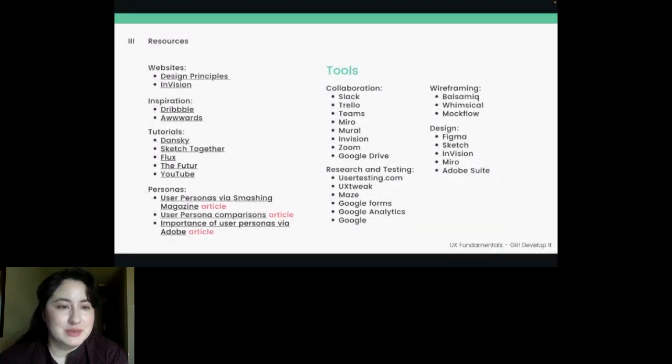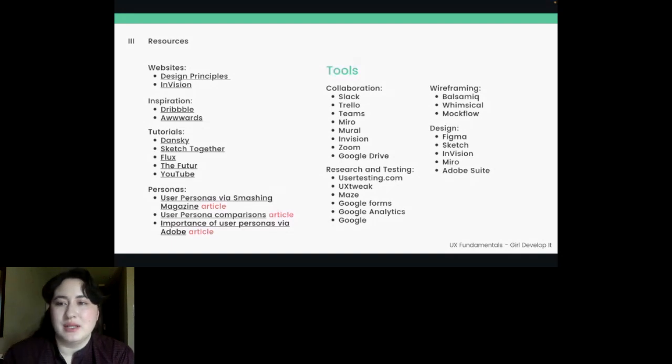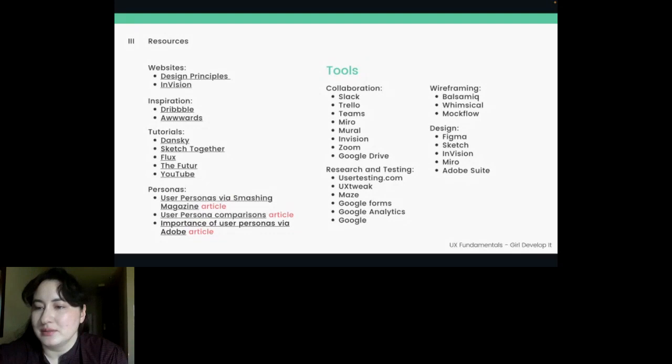There are award-winning websites, awards.com, some good tutorial resources, and then articles for creating user personas. And then on the right side, these are all the tools that would be helpful for each step of the design process. So I've just broken them down into category. And I'll just leave that up there for a minute to make sure everyone has time.